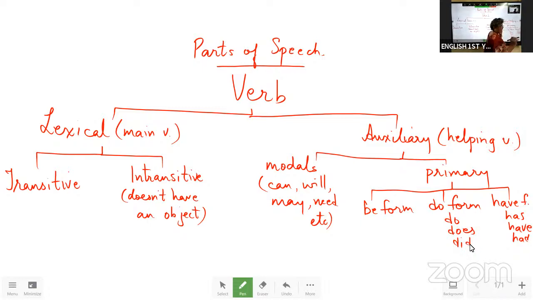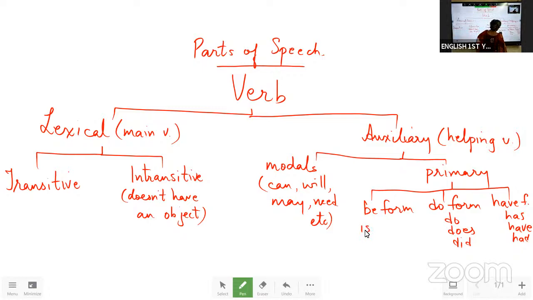Be form is slightly different, children. In many study materials I've seen that in primary they just have written be form, do form, have form. And for modals they have just given modals. But children are unaware what modals are and what be form is.